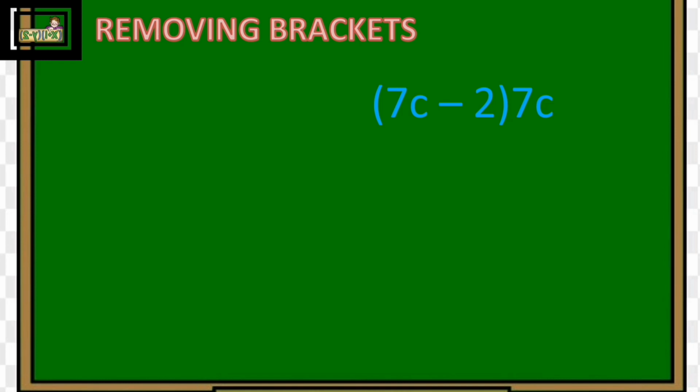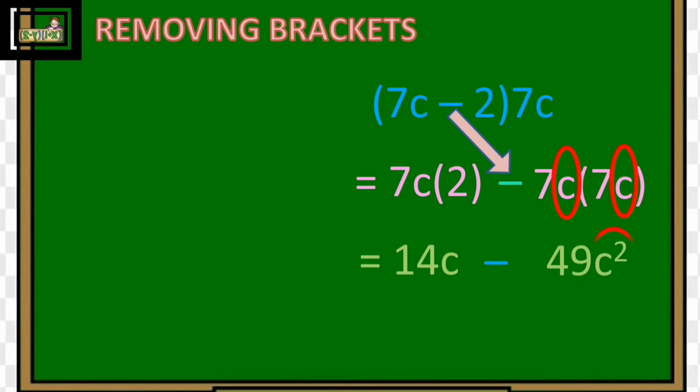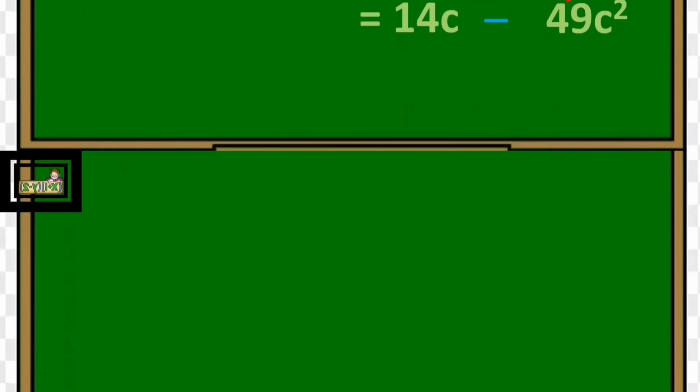So to remove the brackets from this algebraic expression, we would use 7c to multiply 2, and then we also use 7c to multiply 7c. 7c times 2 is equal to 14c, and 7c times 7c is equal to 49c squared. How? 7 times 7 is 49 and c times c is c squared.